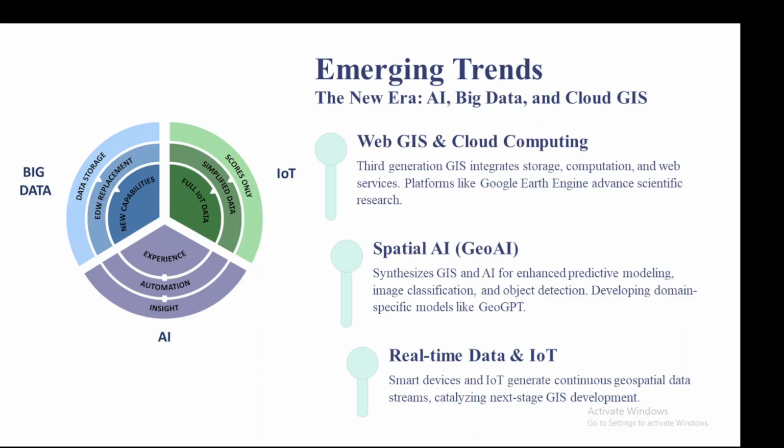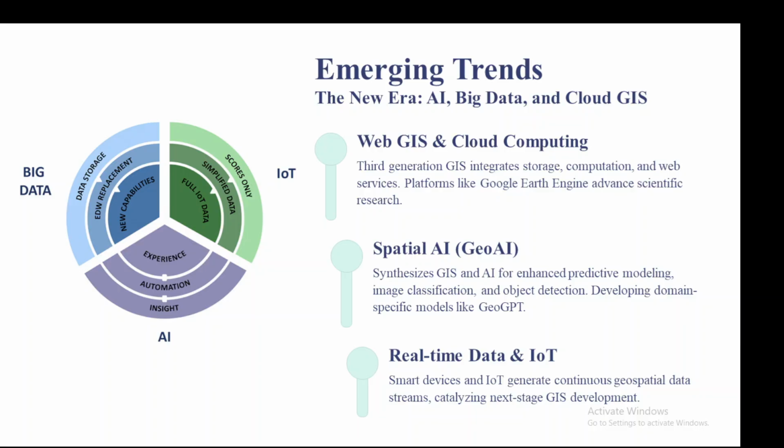The first transformation is definitely the rise of cloud based GIS. So traditionally, GIS was something you installed on a single computer, like that of ArcGIS desktop or QGIS desktop. But today, that model is shifting to a cloud, which gives rise to what we call the third generation of GIS that we discussed in the early minutes of this particular session.